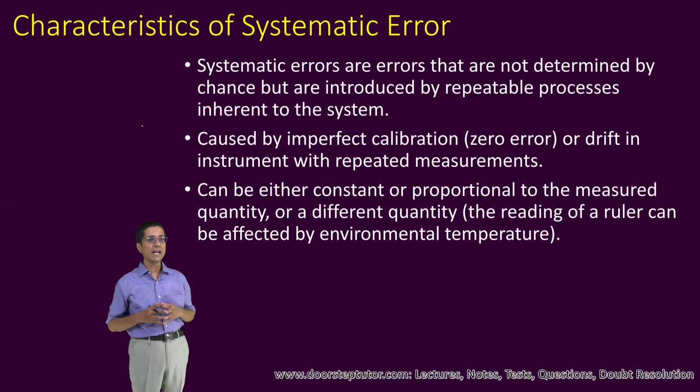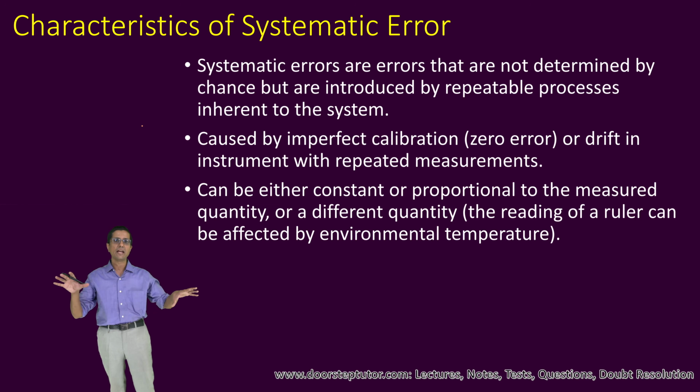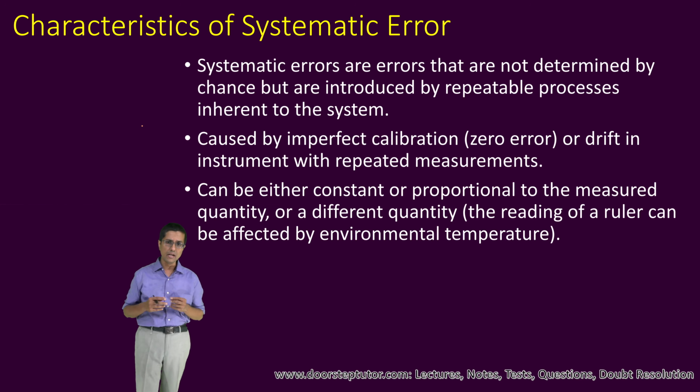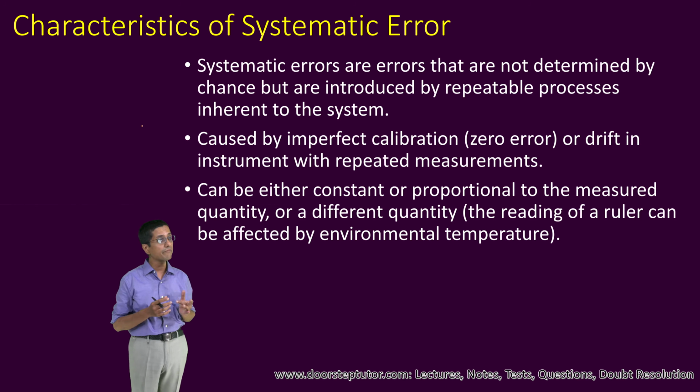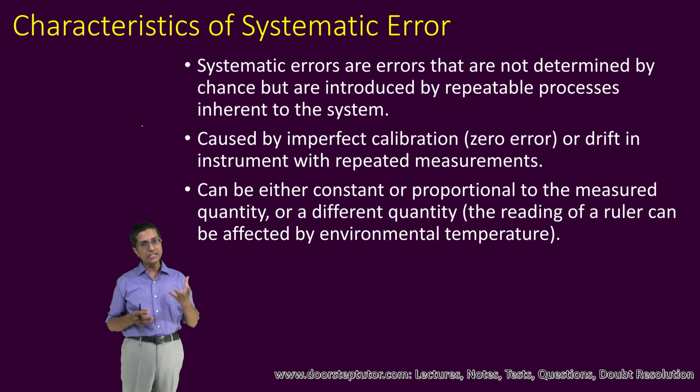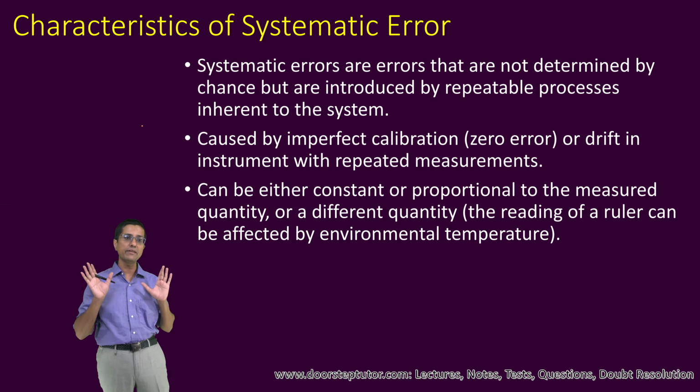So systematic errors have to be corrected across the entire process. Another example of systematic error is zero error. No matter how precise your instrument is, if it has zero error, that amount of error has to be corrected for.